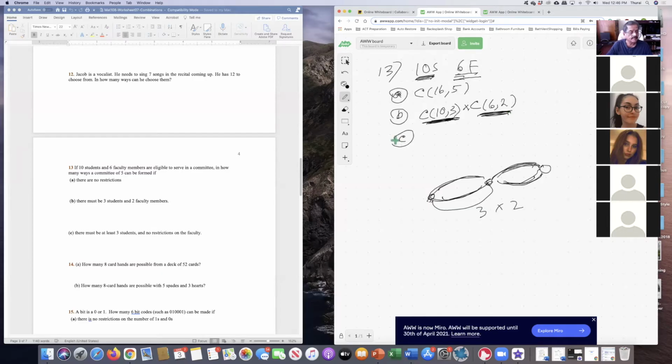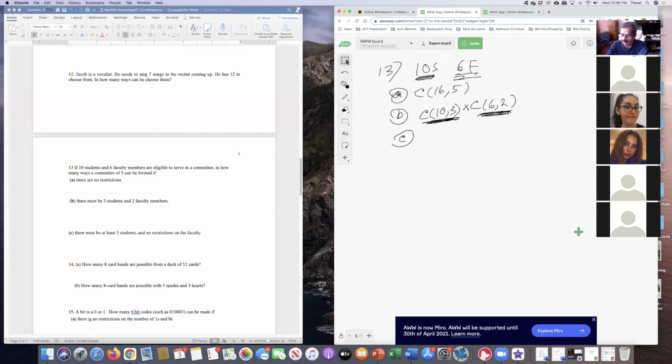Part C says there must be at least 3 students and no restrictions on the faculty. When the word 'at least' comes in, you should remember it means 3 or more. There must be 3 students or more. The total number of people in the committee is 5.